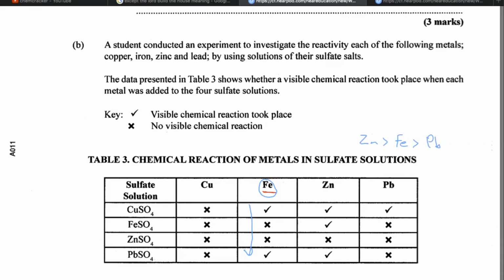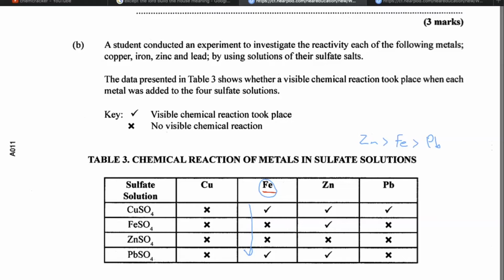Copper did not displace any of the other metal ions from their solution, from the other 3. So please note that, as a control mechanism, we added copper to copper sulfate, iron to iron sulfate, zinc to zinc sulfate, lead to lead sulfate, but copper did not get any tick at all.